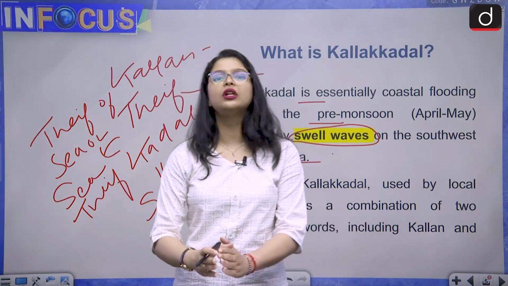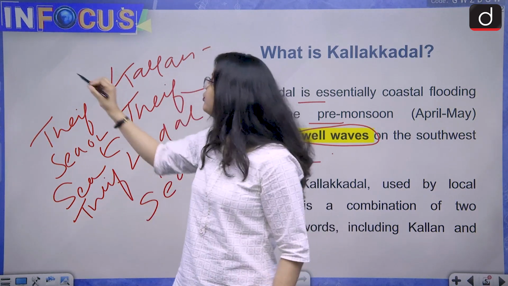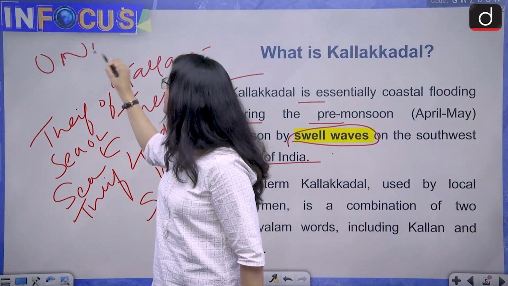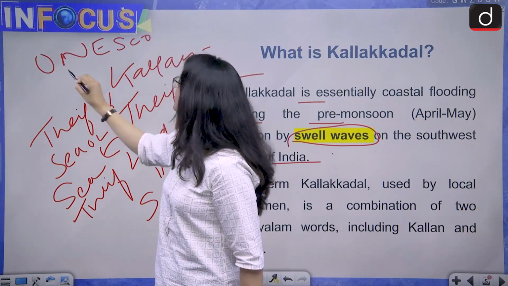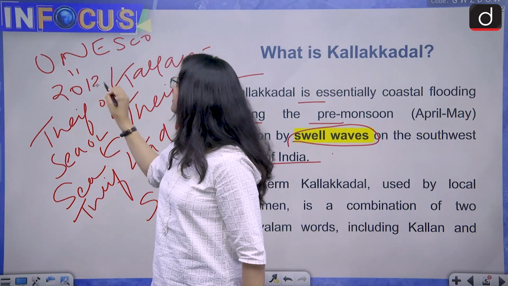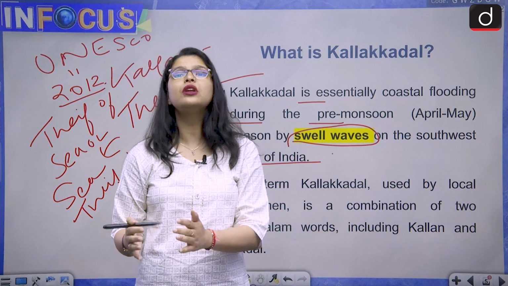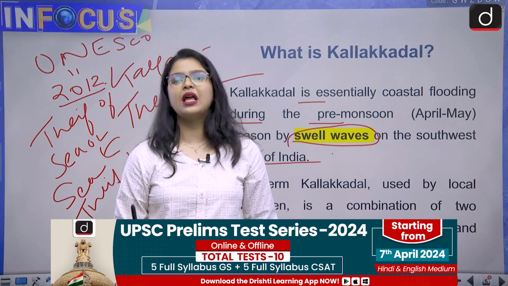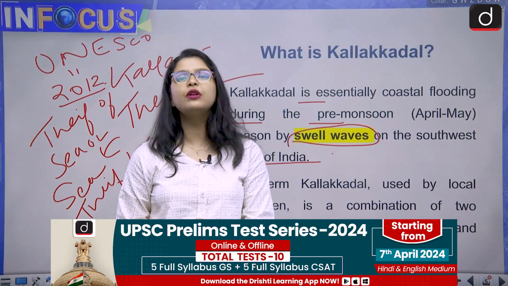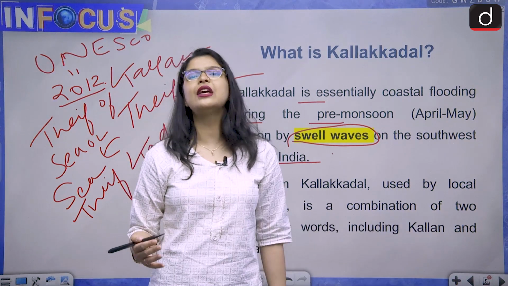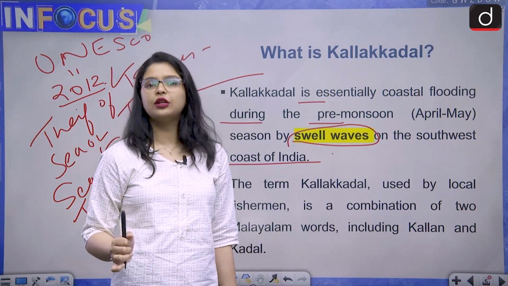And this local word Kallakkadal has been approved by UNESCO in the year 2012. So to summarize, it is a natural phenomenon caused by swell waves, and it is responsible for causing flooding in several coastal areas in the state of Kerala.